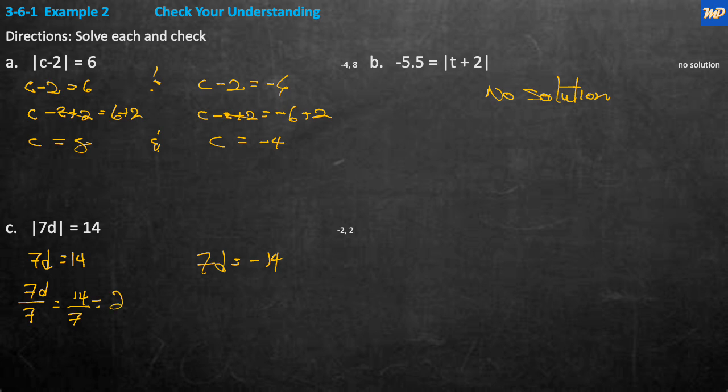And in the other one, we already have 7d equals negative 14. Now we're going to divide both sides by 7. So we get 7d divided by 7 is equal to negative 14 divided by 7. These cancel, so we get d is equal to negative 14 divided by 7, negative 2. So our two answers here are negative 2 and 2.